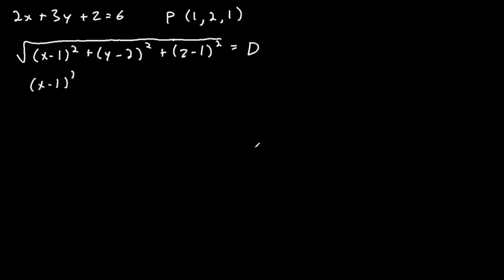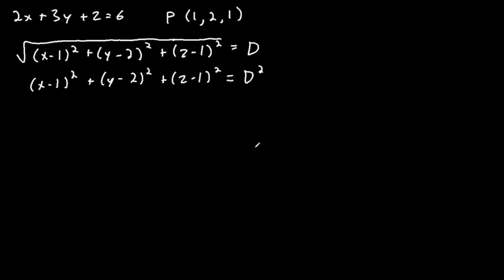But let's simplify this. You can actually simplify this further by squaring both sides. Now, why can you use distance squared? Well, you're trying to minimize distance, but you can actually use distance squared. Why is that?